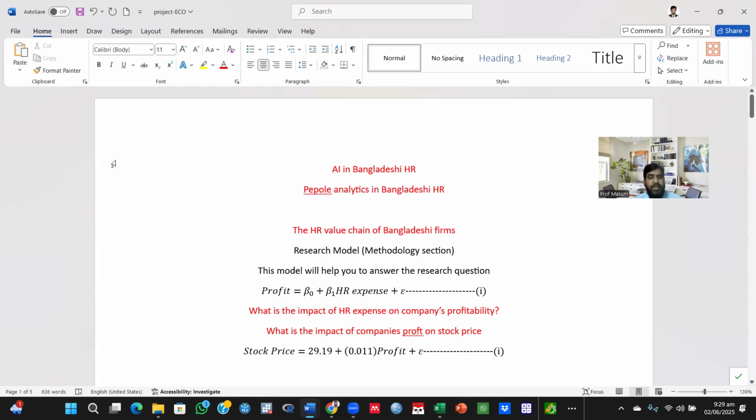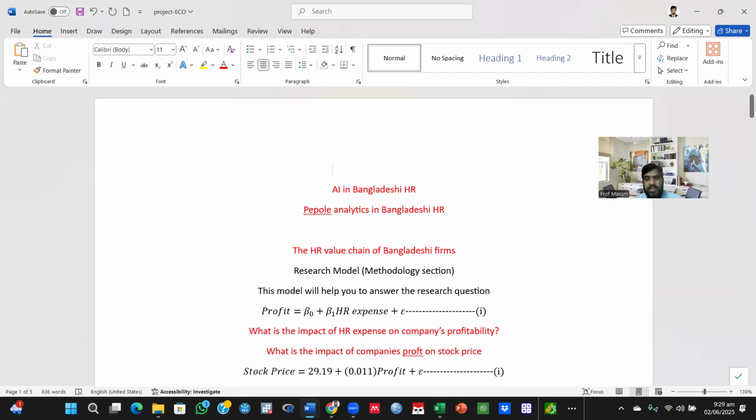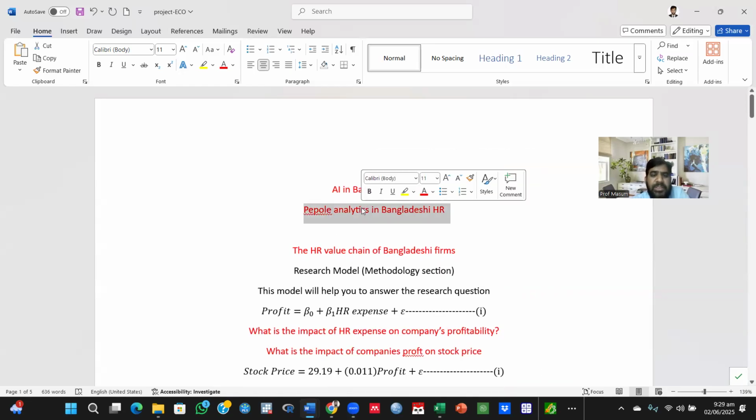While you explain the HR practices in Bangladesh in your literature review, you will also write about these factors. And if you can include this analysis in your report by asking different questionnaires to HR managers, that will add additional value. All right.